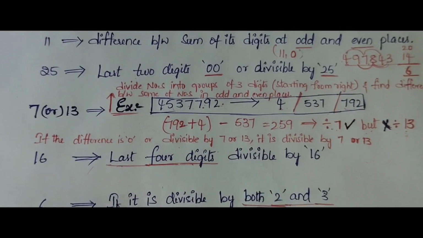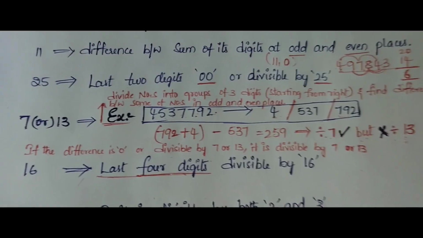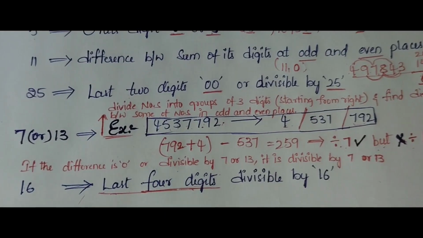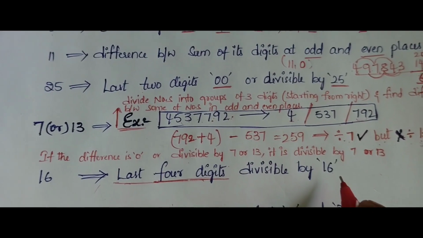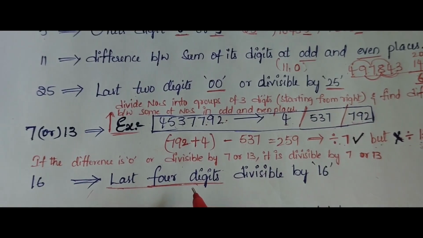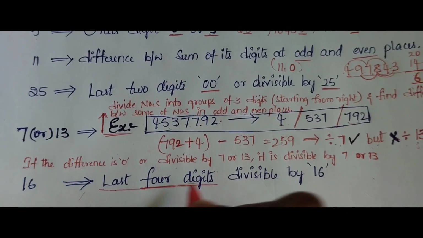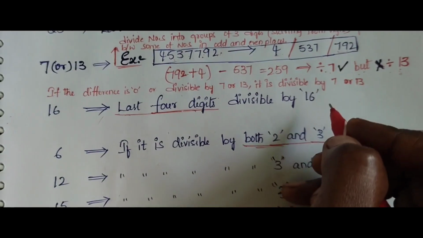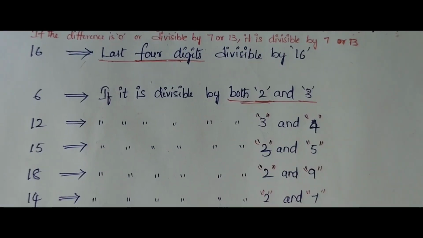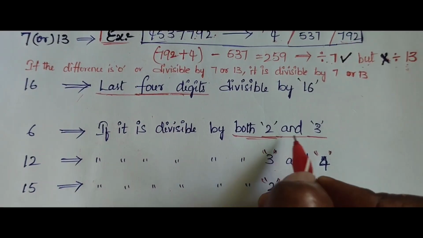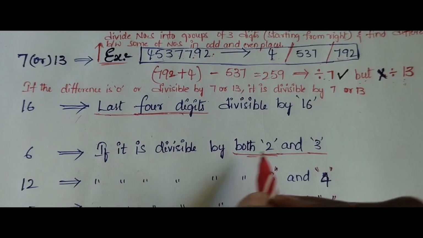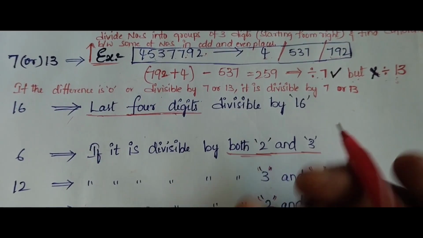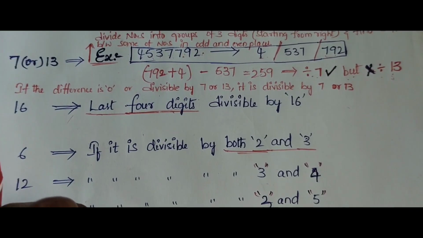Next, coming to the divisibility rule of 16, the last 4 digits should be divisible by 16. And the divisibility rule of 6: if the given number is divisible by both 2 and 3, then it is divisible by 6 also.